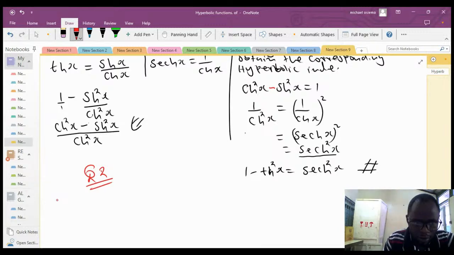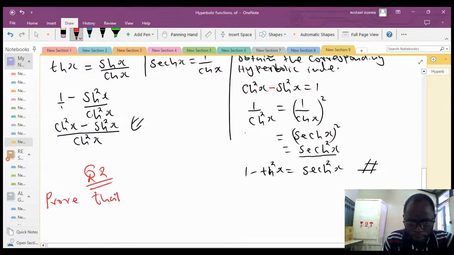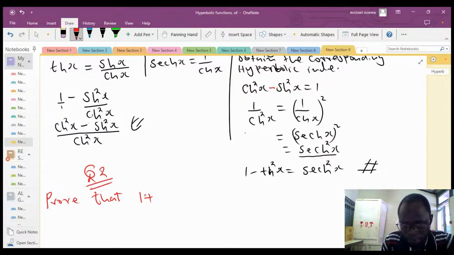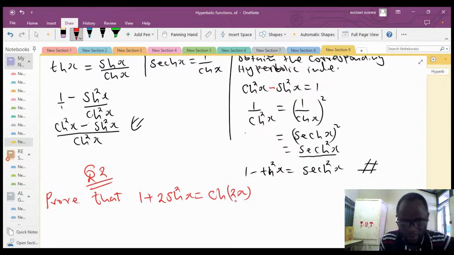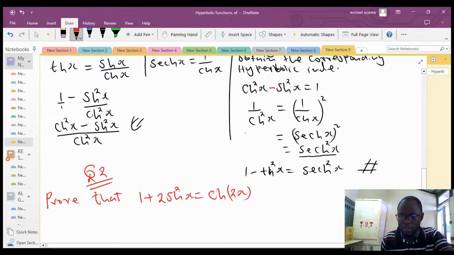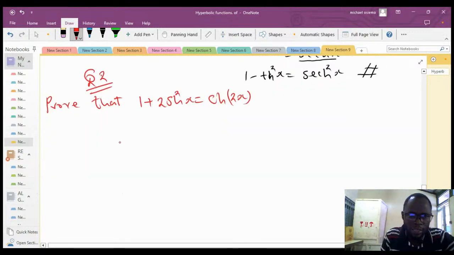Prove that 1 plus 2 sinh squared of x is equal to cosh of 2x. So we are going to use the first method as we suggested.